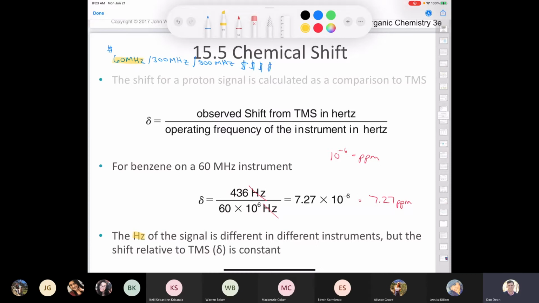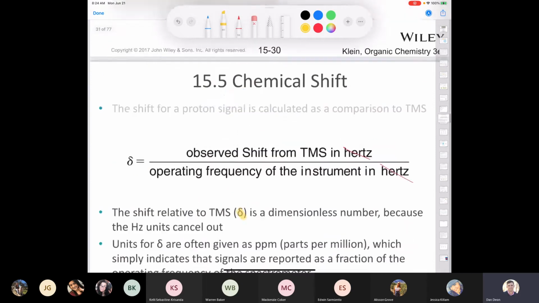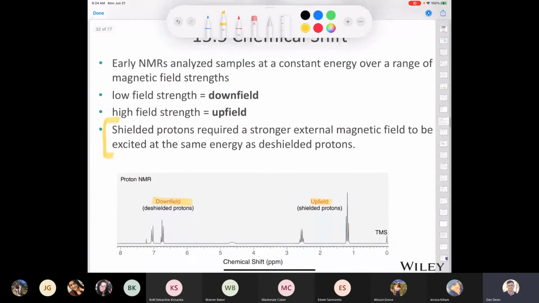Can you see what's going on in a movie on a black and white TV that's really old and small? Yeah, absolutely. But it's not going to be as clear as if you were to watch the movie on a high definition, big screen TV. So that's the whole advantage to having a higher operating frequency: you get better resolution of your spectrum and you can see the peaks more clearly.